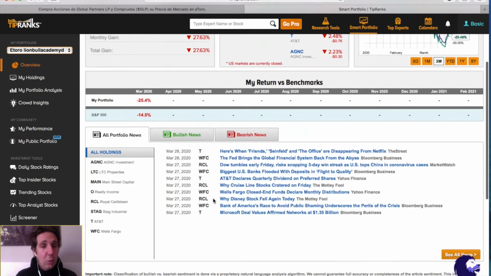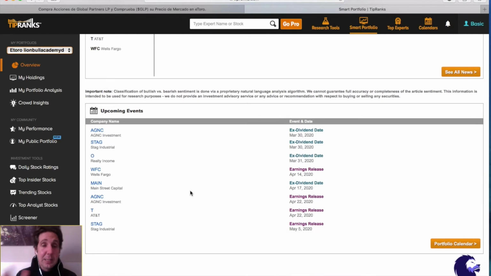You can have some news. That's not tough. But what I really like too much here is because you can get better information about the calendar of dividends and earnings than in Seeking Alpha. Seeking Alpha I use more for researching data. Here I use it for looking at the calendar. You have this version for looking at the calendar, very beautiful, nice. You can see really perfectly where is the ex-dividend and the earnings.